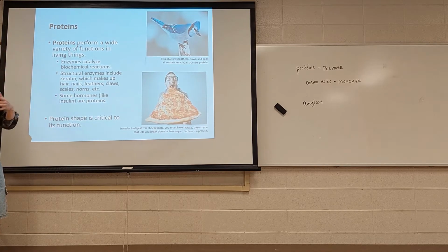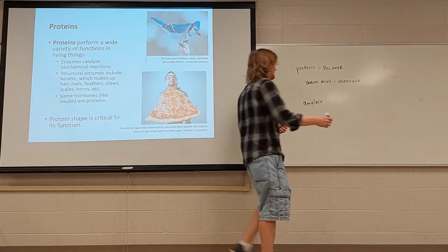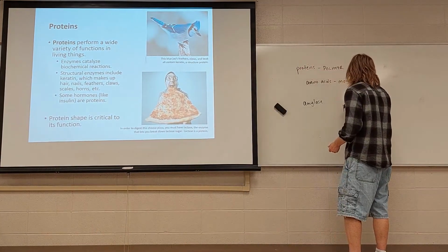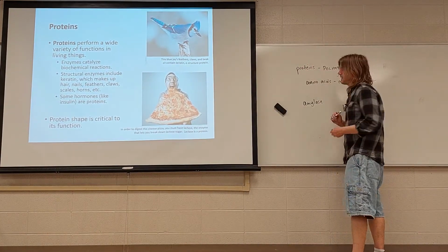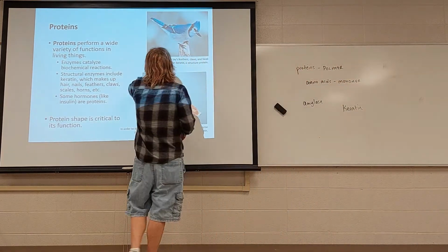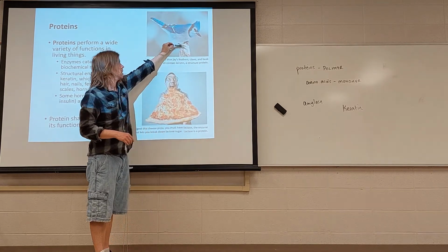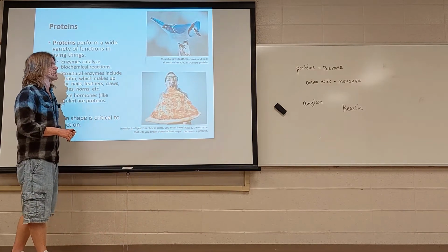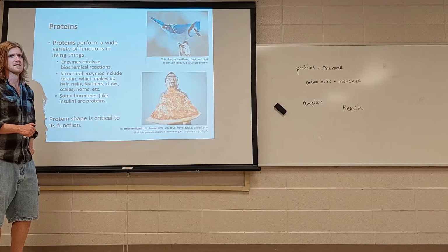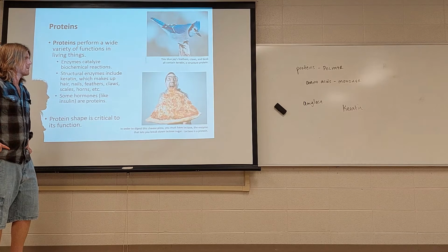Your structure, your physical structure, is principally proteins, and one of the most prevalent that you see in nature is keratin. Some examples of things that are made of keratin would be bird feathers, bird beaks, claws, or in the bird's case, I don't want to say talons for a little blue jay, but let's say it's claws.